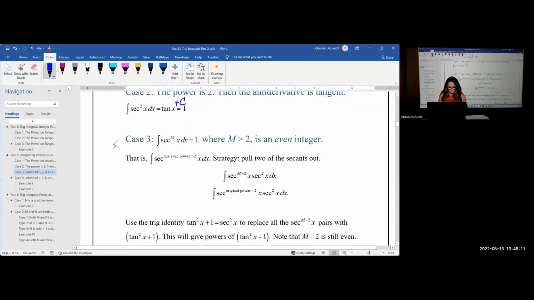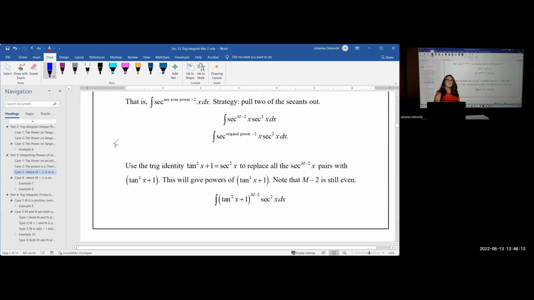If I can write those in pairs, then I can use the trig identity that secant squared is tangent squared plus 1 to replace all the secant to the m minus 2 pairs with powers of tangent squared of x plus 1. All right? Now that leaves secant squared sitting over here to the side, and it becomes part of our du, where our u becomes tangent.